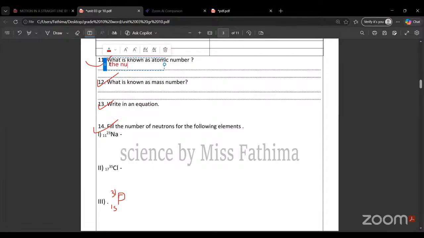The number of protons in an atom of an element. Right? Okay. What is known as mass number?